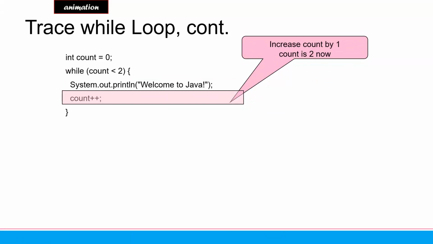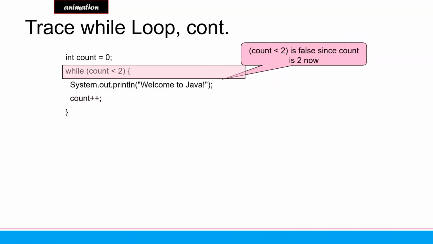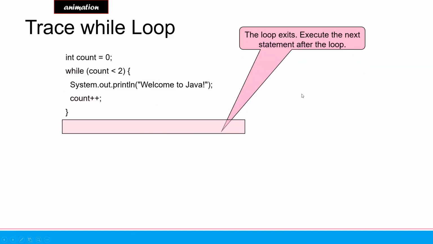Now count becomes 2. Is count less than 2? False. Then we exit. So that's the sequence, and we do the next statement after the loop, which means outside this curly bracket.